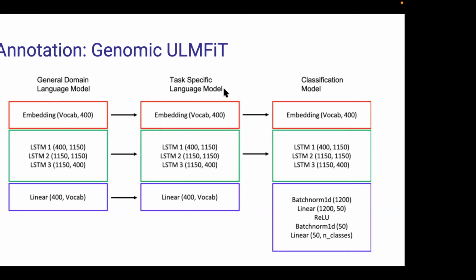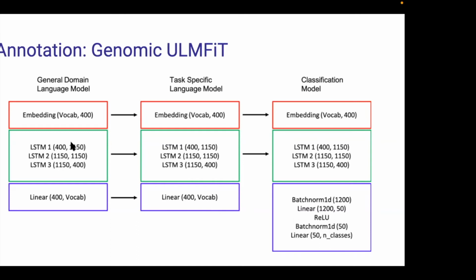Then we get to the task-specific model training. If we want to annotate or classify specific portions of the DNA, then we use the training data of those specific portions, such as whether a promoter is present at a particular location or not. When we get to the classification model, we change the attention head.